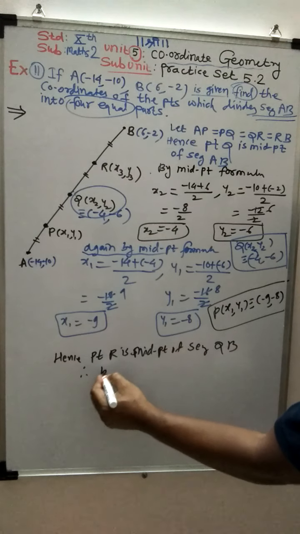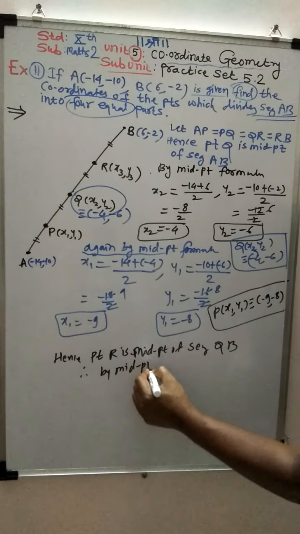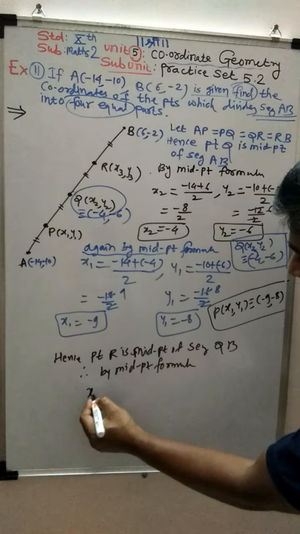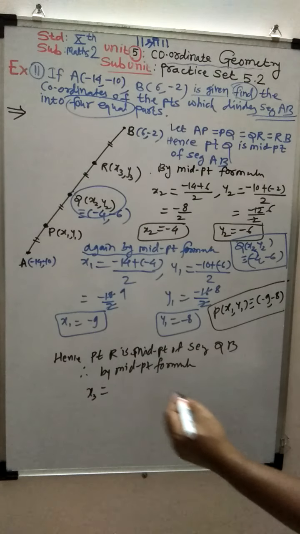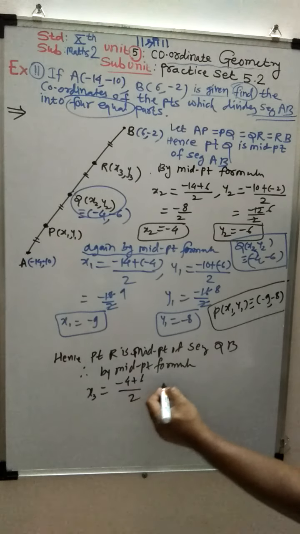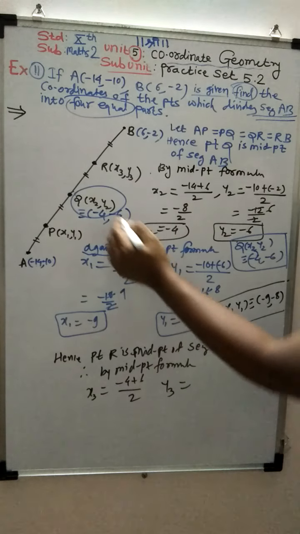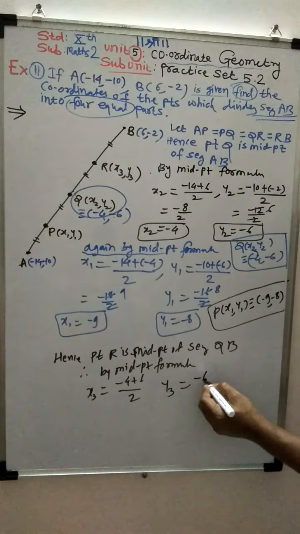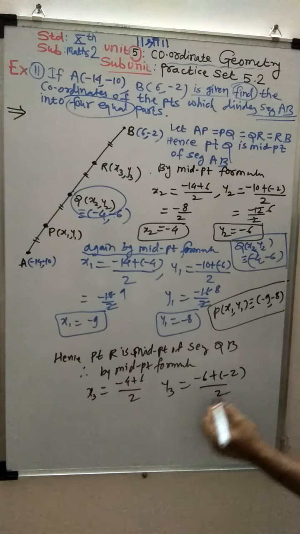Therefore by the midpoint formula, x3 is equal to (-4 + 6)/2, y3 is equal to (-6 - 2)/2.